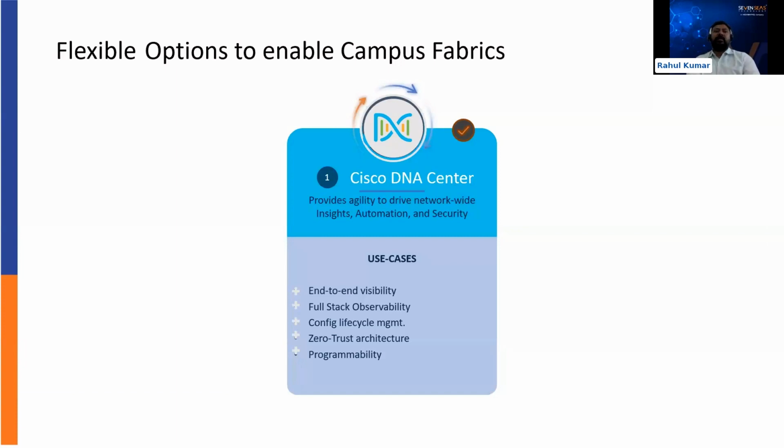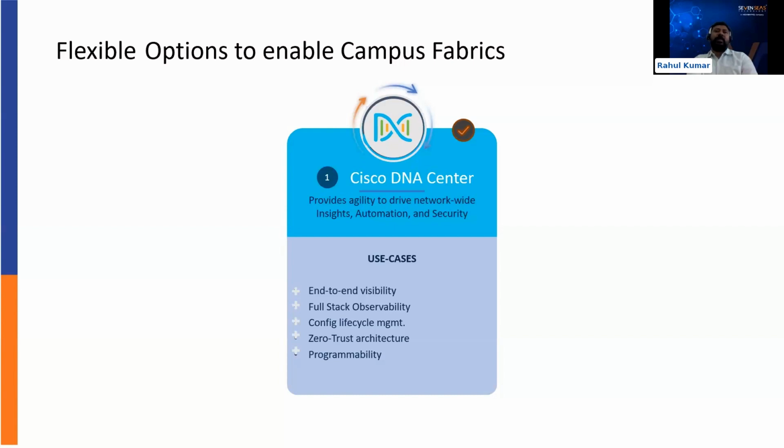I would like to discuss some of the use cases for Cisco DNA Center, and what things you can achieve using it. First, you will have end-to-end visibility on your network, and full-stack observability.